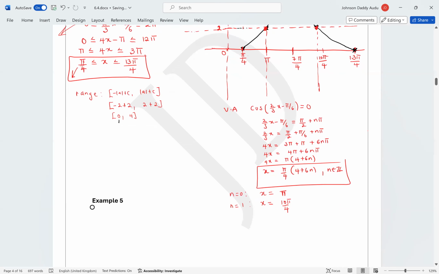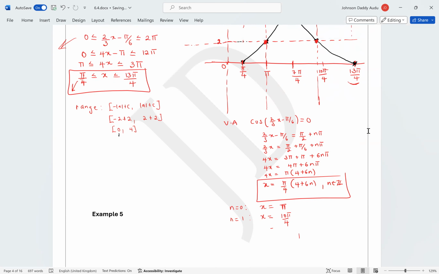And if you try n equal to 2, we will have 12 plus 4, which is 16, so it is going to be 16 pi over 4, which is not here because this one is 13 pi over 4. So this one is outside. So we have only 2 of them, when n is equal to 0 and when n is equal to 1.